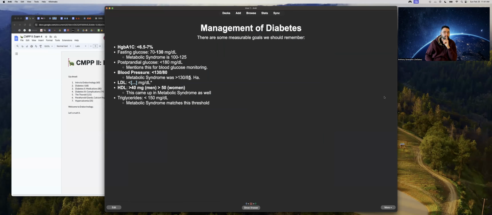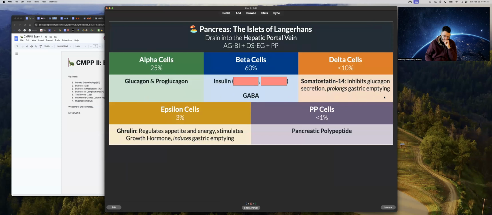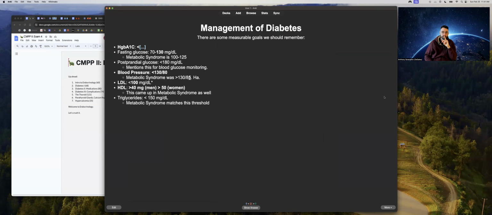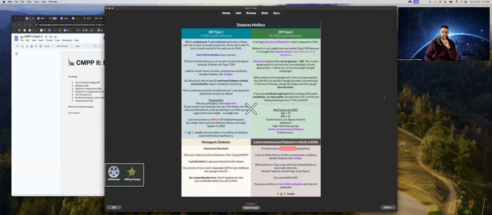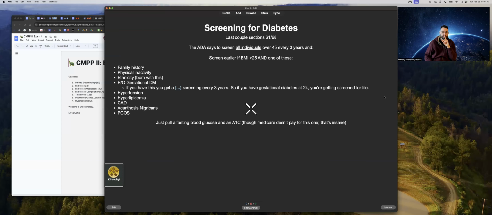Tinea pedis. 100. Proinsulin. C-peptide. Pancreatic polypeptide. 6.5 to 7. Scandinavian. Lifelong screening every 3 years.